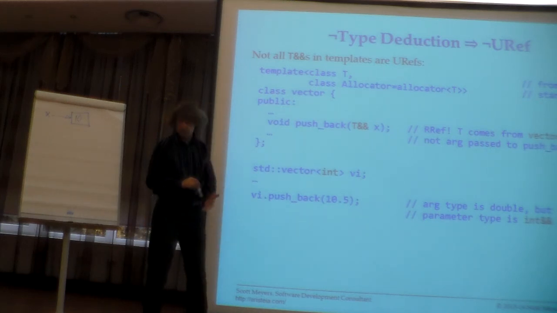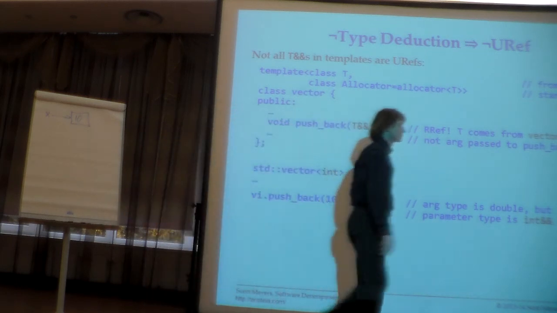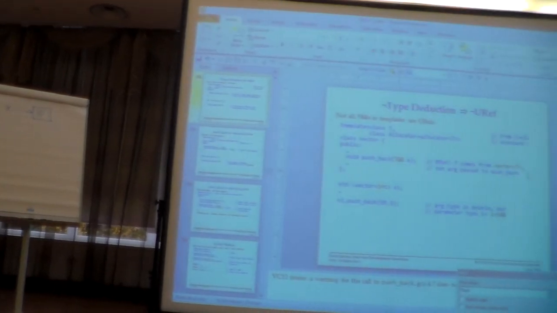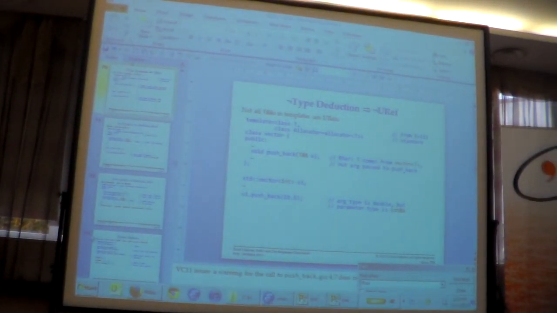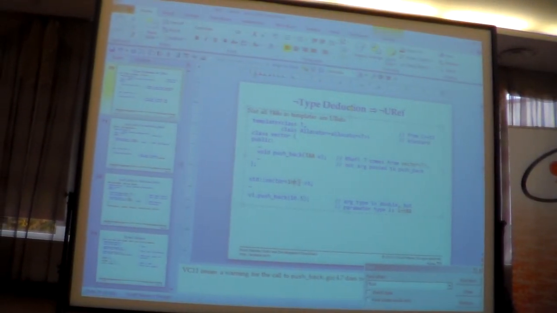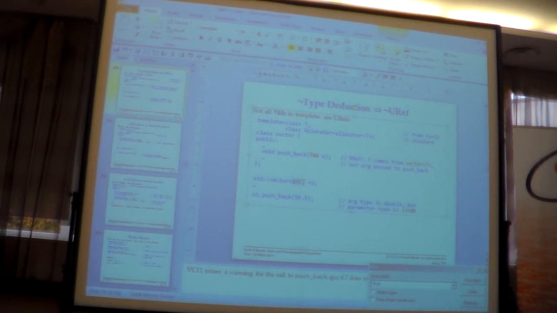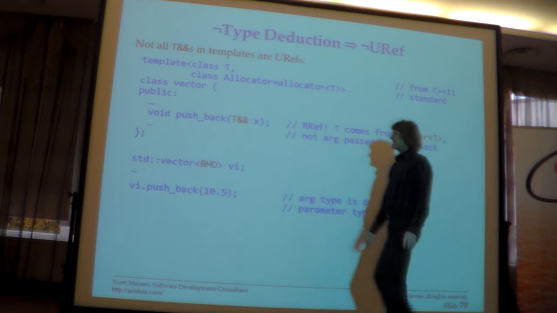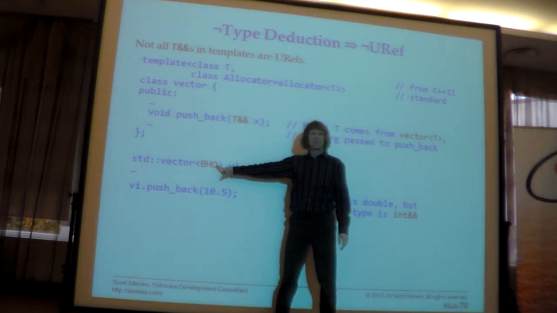Well, the memory is just allocated for function calls. If I change this example, I now have a vector of BHO.